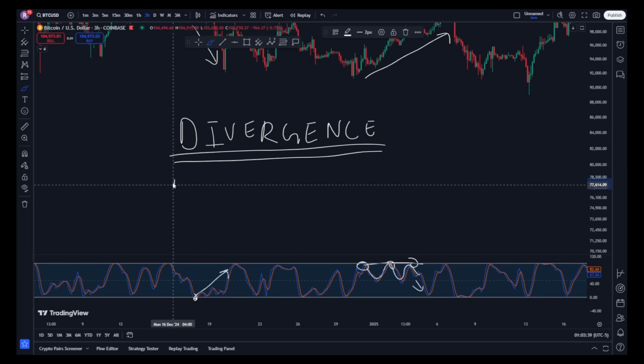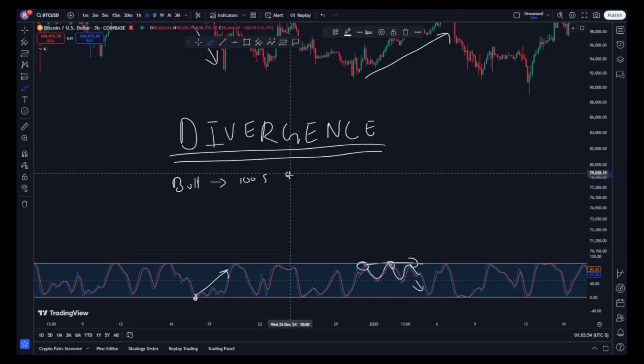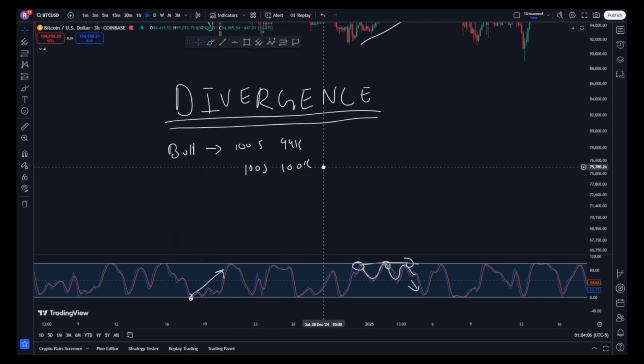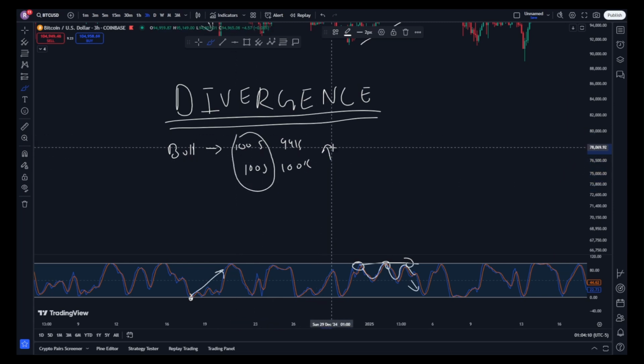So a bullish divergence would be that, let's say, at 100 stochastic, Bitcoin is at 99K, and then the next time we're at 100 stochastic, Bitcoin is at 100K. So at the same level, we have a higher price.